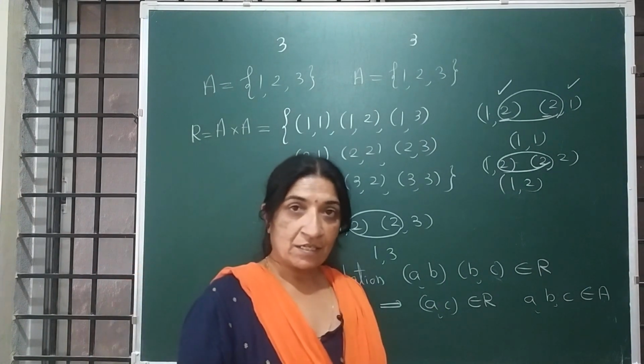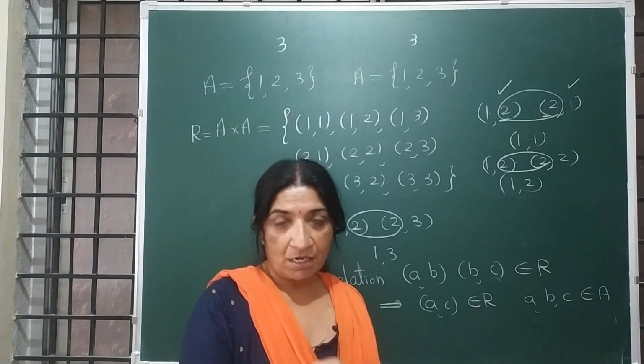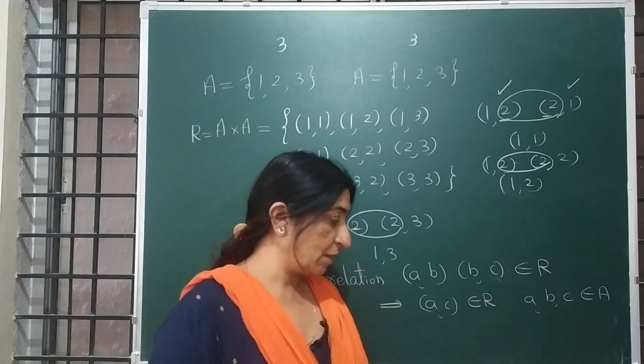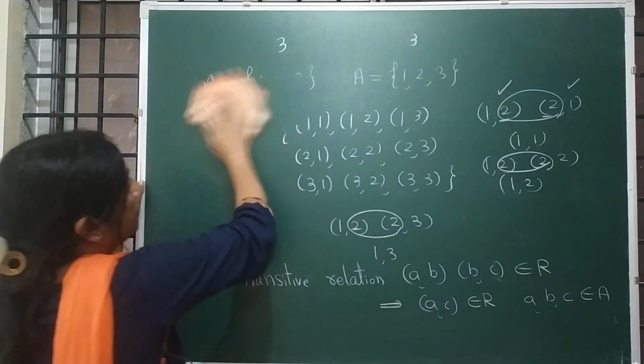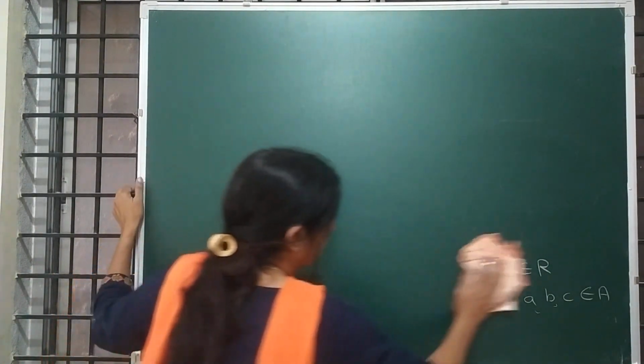Yes, see now. So, interesting: how are you defining a relation? A relation R defined in the set A. I am writing here to make it simple. This I explained with the help of an example. Now I am writing the definition.